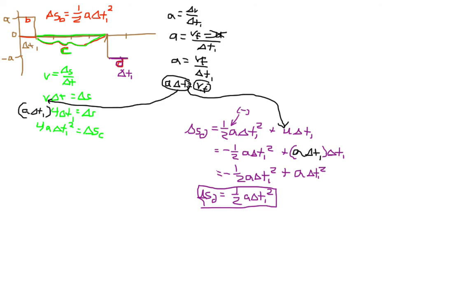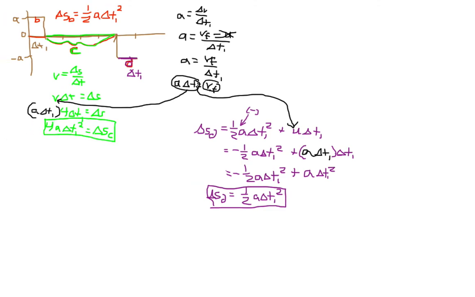The green is our delta S for C. And the red is our delta S for B. We're almost done there. Now all we've got to do is add it up. So all these delta S's, I'm just going to make the argument right now. Here it is, let's go back to brown.